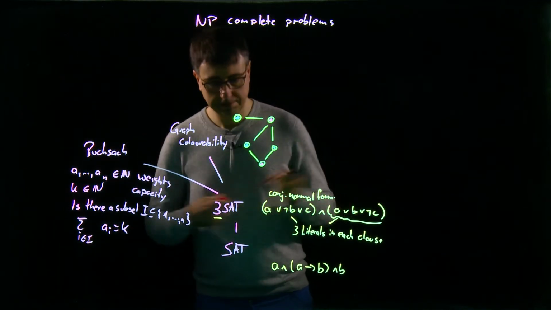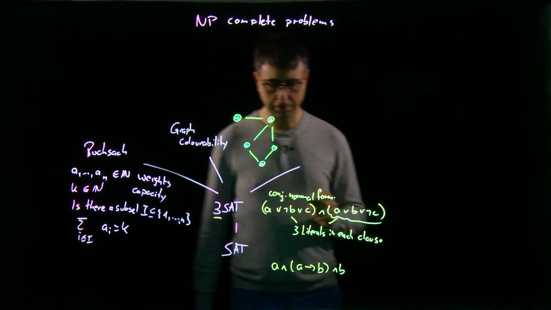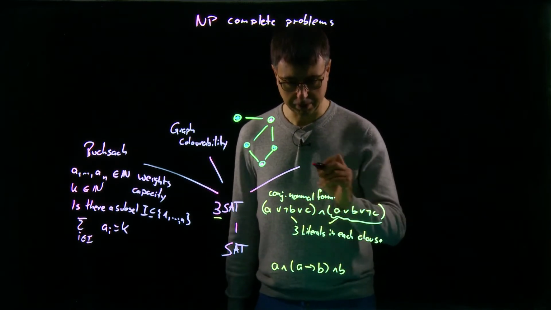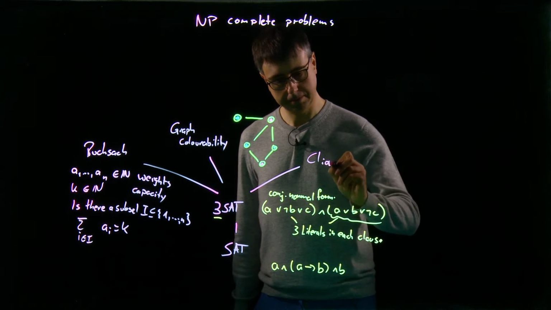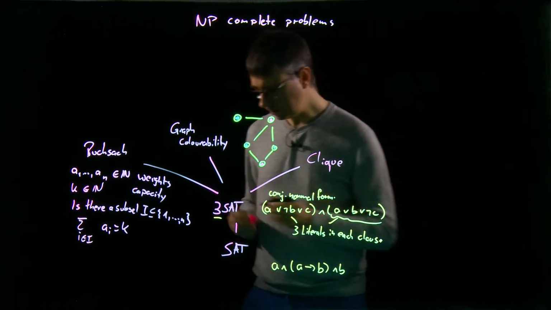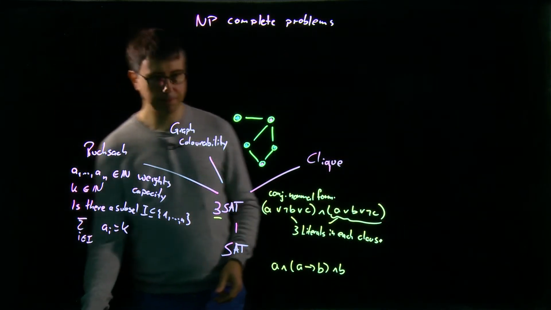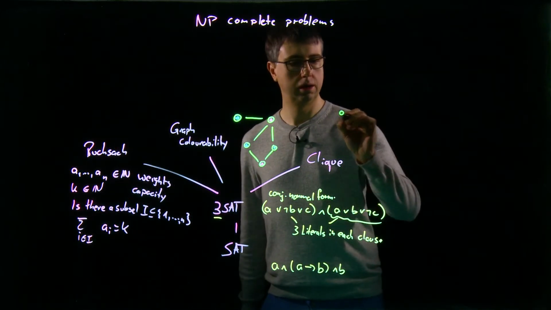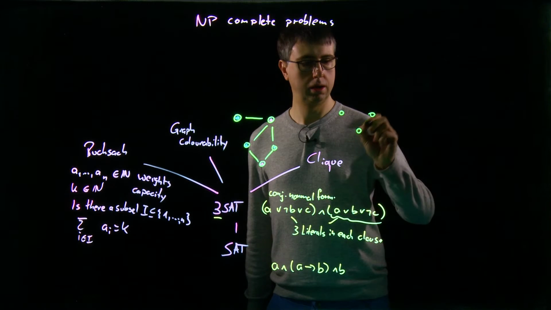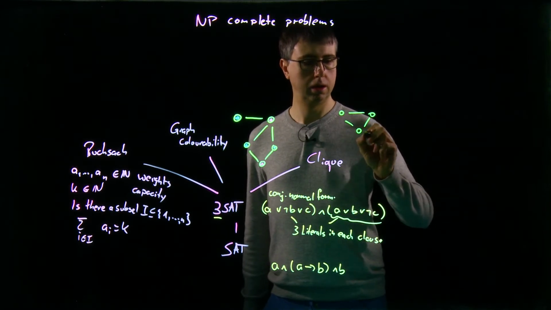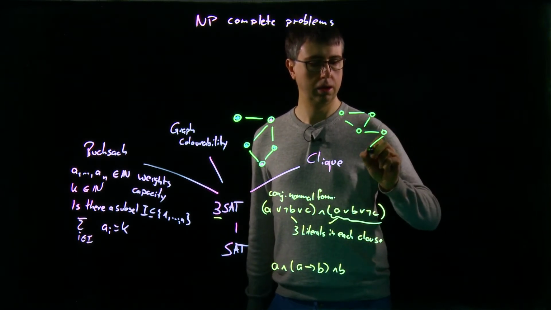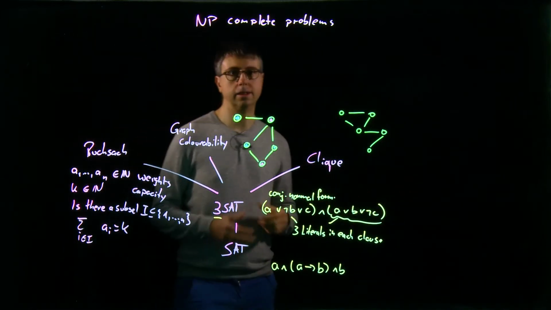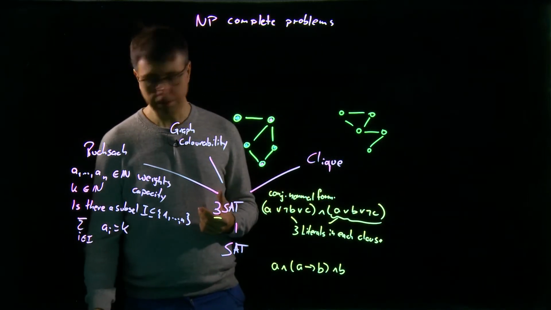Okay, there are more graph-related problems. We have, for example, the clique problem. The clique problem is the problem given a graph, this one here, and a clique is a subgraph that's complete.